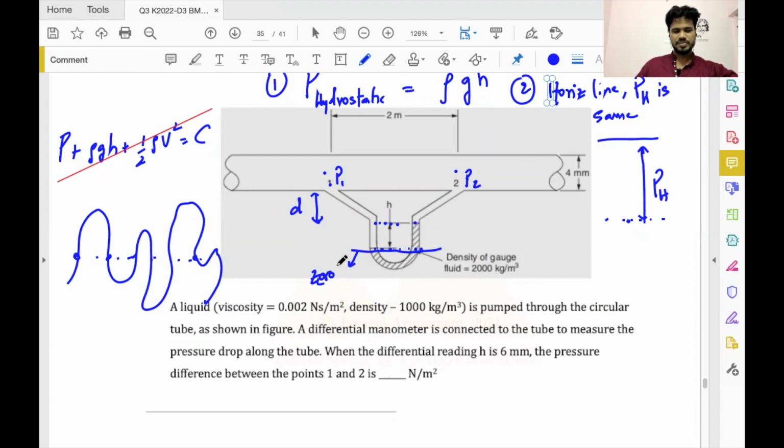Pressure is always relative. So this is my reference, then all this will be negative. So let's just use this line as the reference.